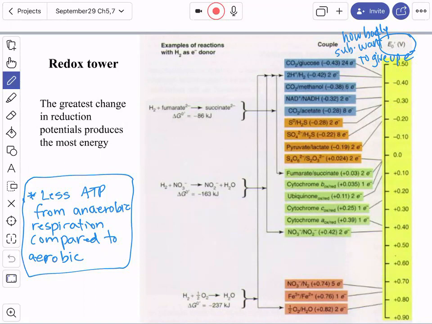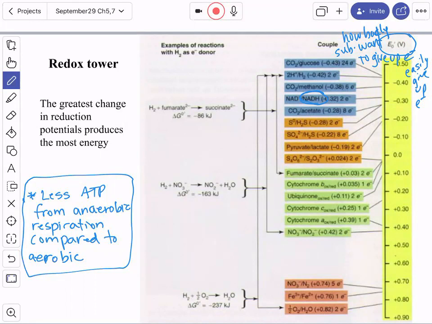So for example, up here at the top, it's very negative. So these pairs up here easily give up electrons. For instance, NADH, we know that really easily gives up its electrons right at the beginning of the electron transport chain.